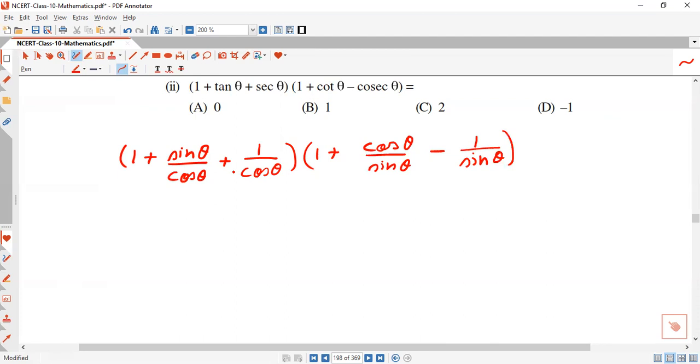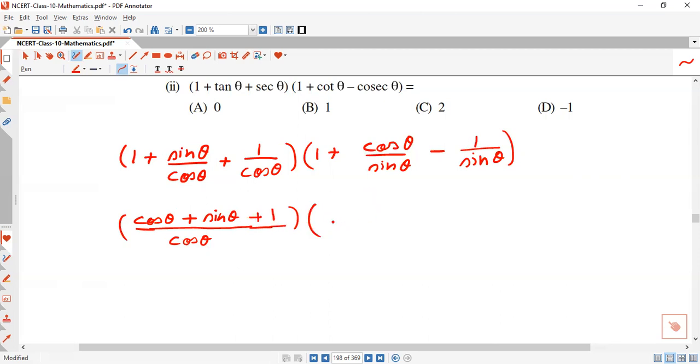Okay, simplify this one. Take the left parts first. Take cos theta as LCM. The first term is multiplied with cos theta, so we get 1 into cos theta, which means cos theta. The second term is multiplied with cos theta, so cos theta cancels out and we get sine theta. The third term is multiplied with cos theta, so again we get only plus 1.